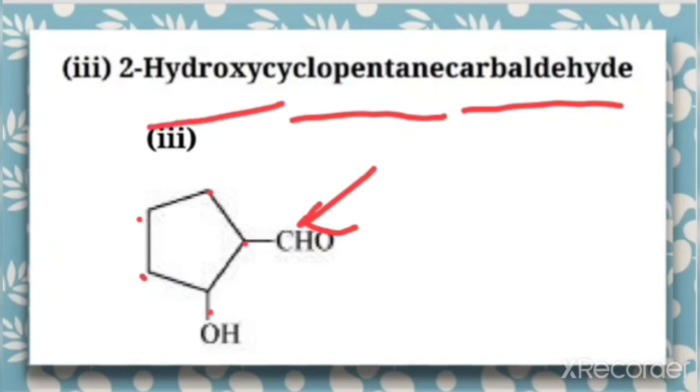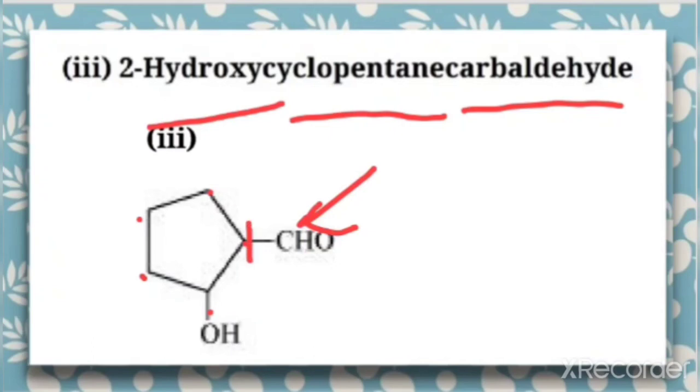Then 2-hydroxy, there is another functional group, that is the alcoholic group, but here the aldehyde group is higher in priority, therefore we have to use this group as a substituent, that is hydroxy, the OH group. OH group is on the 2nd carbon. Now which one is the 2nd carbon?